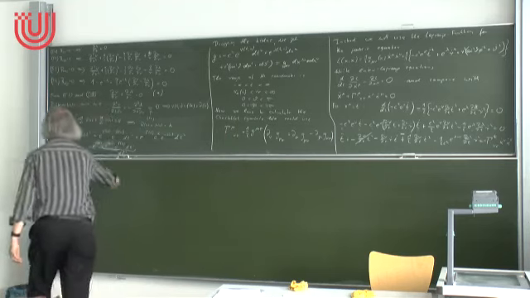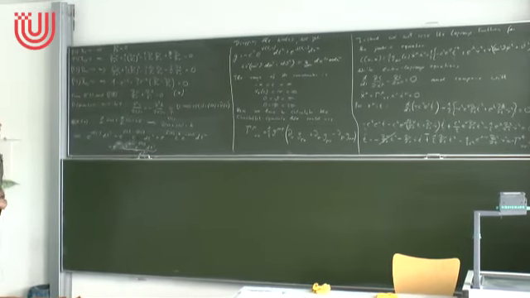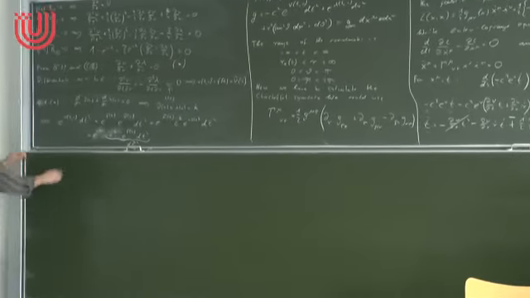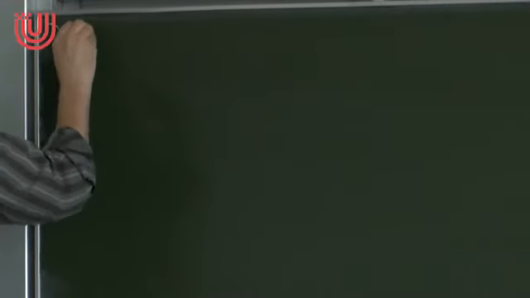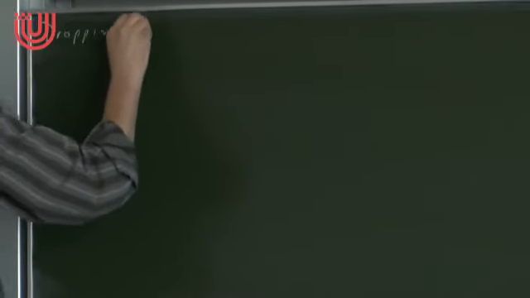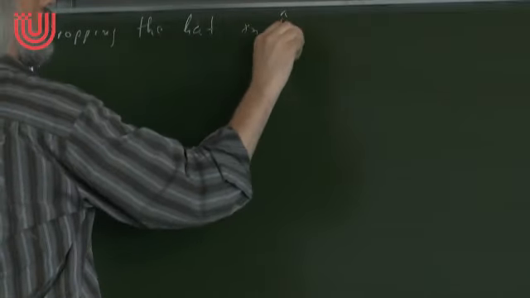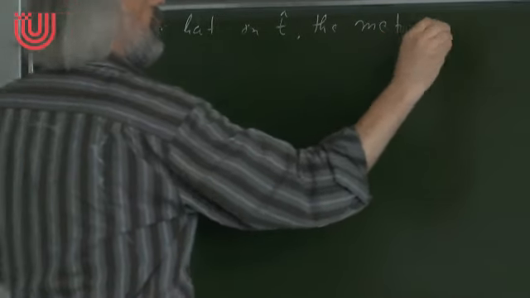So I now drop the hat. So what is t hat here is again called t. And then we write the metric in the convenient form, which we will use in the following. So dropping the hat, the metric reads what?